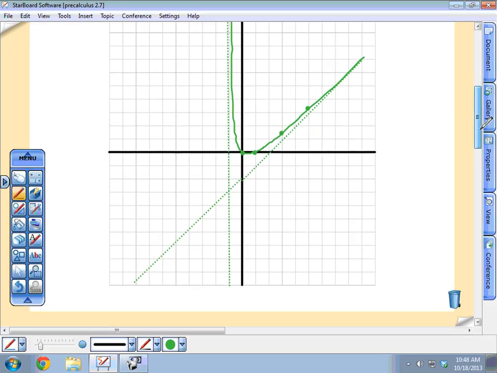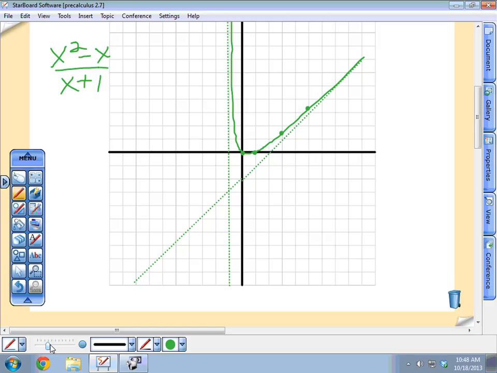So let's try -2 then. This was x squared minus x over x plus 1, right? Okay. Then we don't have to keep shifting on the right. Negative 2 will give me 4 plus 2 is 6 over negative 1, negative 6.